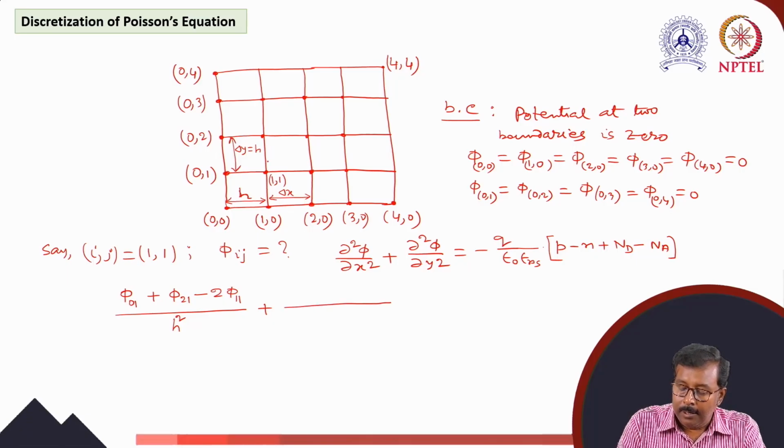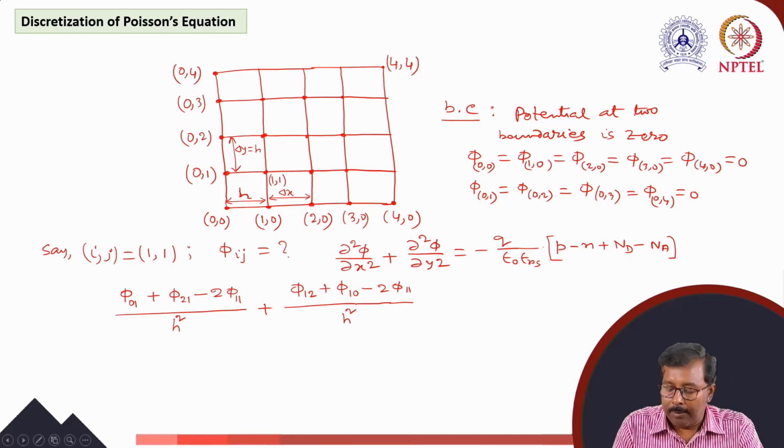again we can write phi at this point, that is phi 1 2, plus phi 1 0, minus twice phi 1 1, divided by h square.